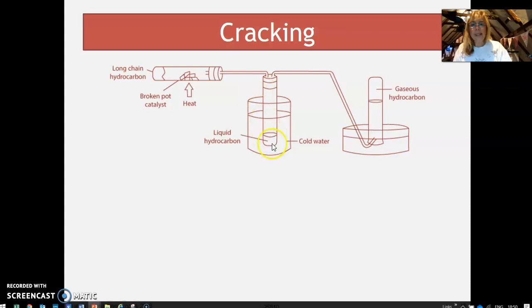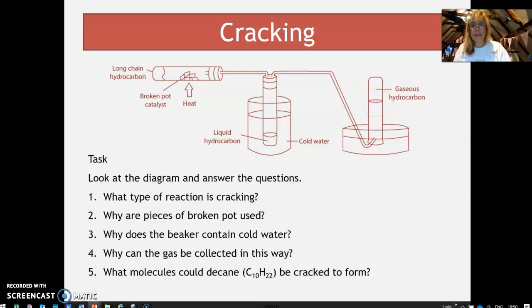Over here I have some liquid hydrocarbon collecting. That's why I have some cold water to condense the gas. And I also collect some of the gas that's formed, so the gas displaces the water. As some gas is collected, the level of water goes down, down, and down. And we can test that gas.